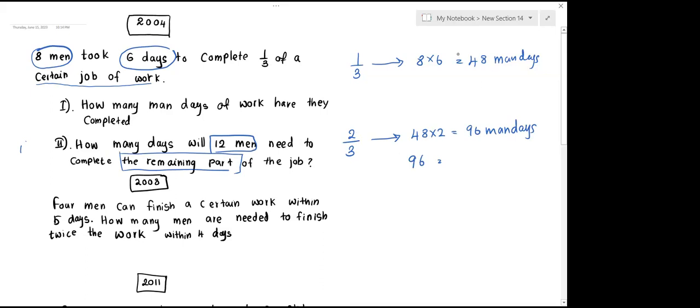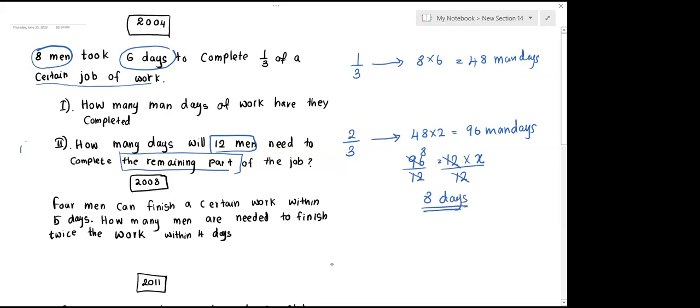Then 1/3 is equivalent to 48 man days. To calculate 2/3, that means twice this work, you have to multiply 48 by 2. The answer is 96 man days. To complete these 96 man days, 12 men need x days. That means divide 96 by 12. The answer is 8 days.